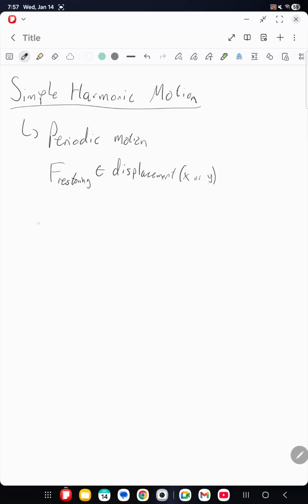One of the most important equations that we are going to use, and we're going to talk about this one a bit later, is F equals negative kx. This equation will be one of the most essential in simple harmonic motion.